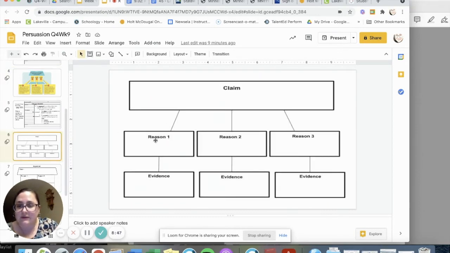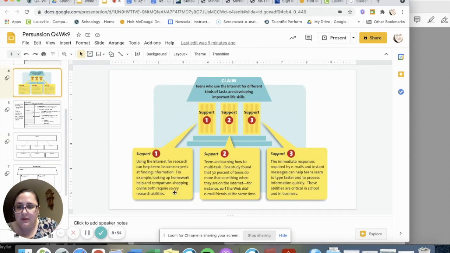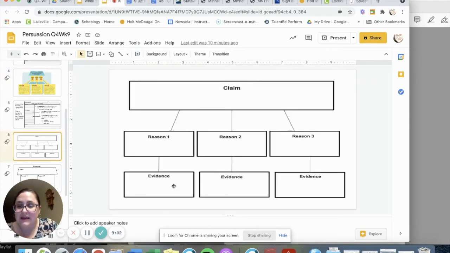That's the reason. And then the evidence is an example that they gave about how looking up homework help and comparison shopping online both require savvy research abilities. All right, and that is the evidence.